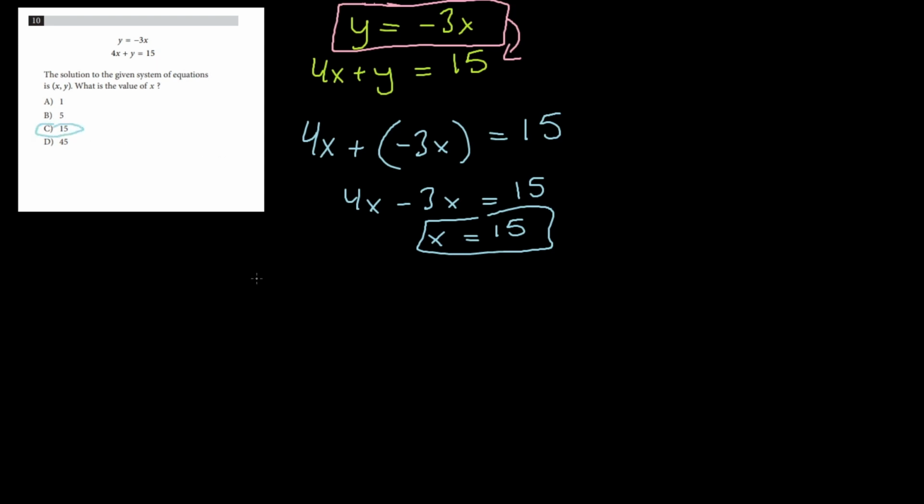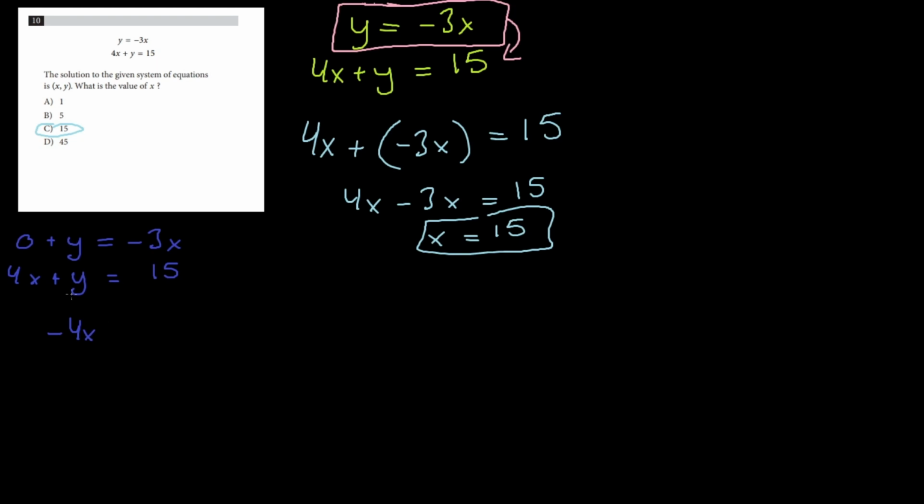And if we wanted to be extra sure and double check, we could also try and do this with the elimination method. So let me write this again. We have y is equal to negative 3x up here, and 4x plus y down here. Now if we subtract these two equations from each other, we get 0 minus 4x, which is negative 4x.